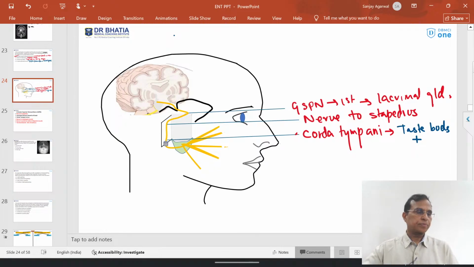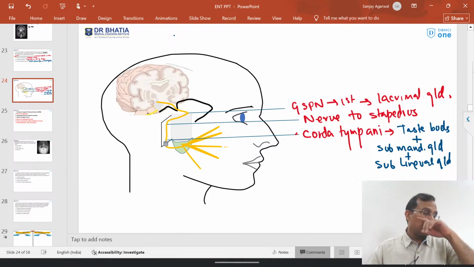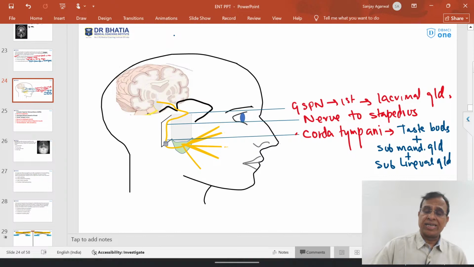Anybody? Plus submandibular gland, plus sublingual gland. So Ranjan seems to have revised her subject very nicely, been able to answer till now. I think you have answered all the questions correctly.